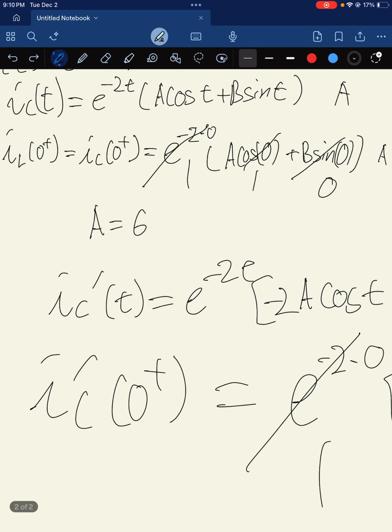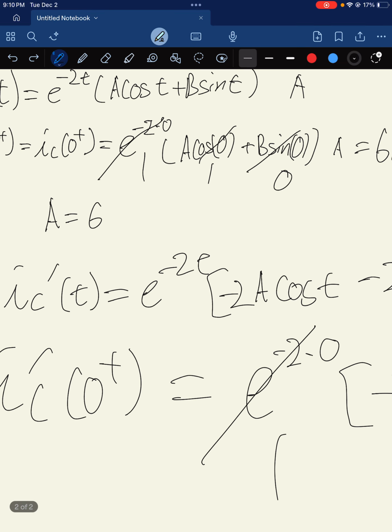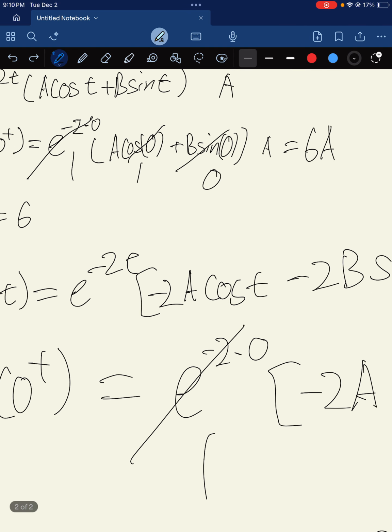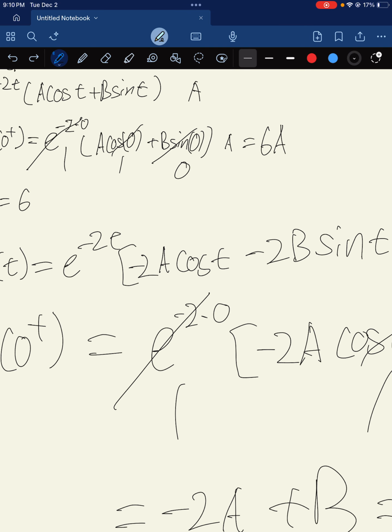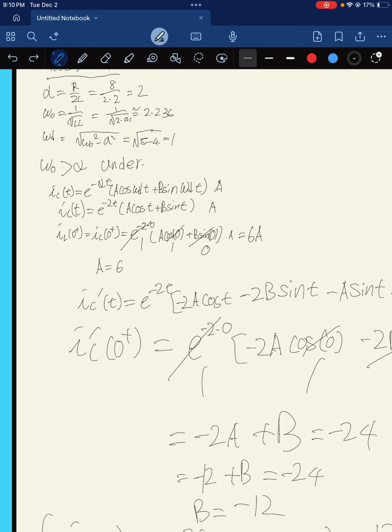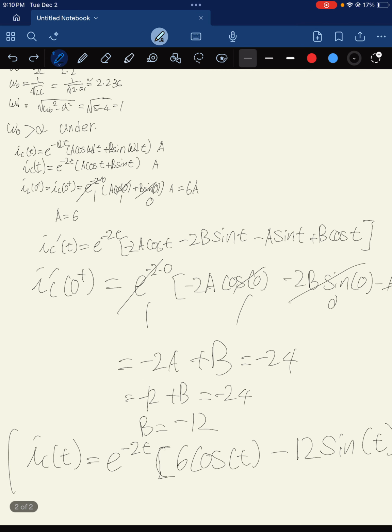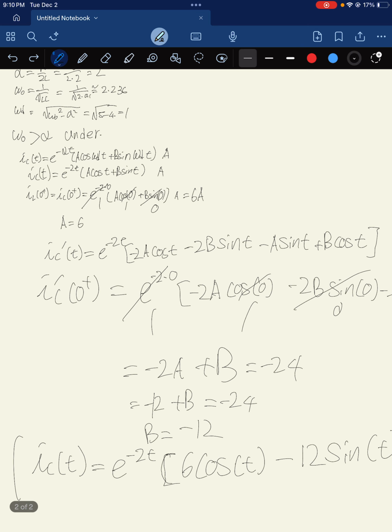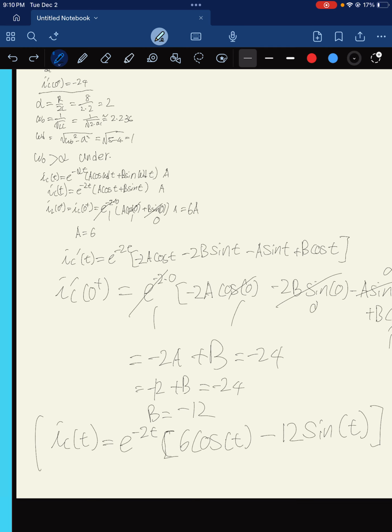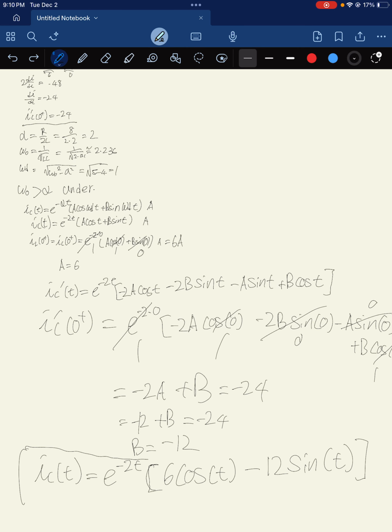Then we use the derivative of the general formula, make it equal to negative 24, and find out what B is. We plug A and B back into the final solution, and we have our answer.